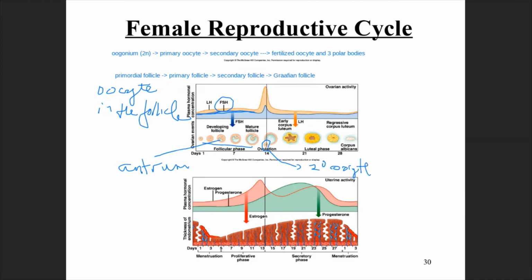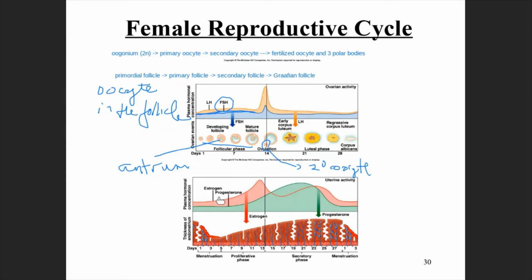Okay. So right about here is where they start to go from primary to secondary oocyte. And notice that the bigger the follicle, the higher the concentration of estrogen.